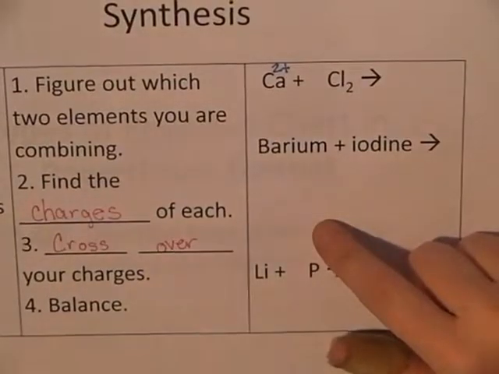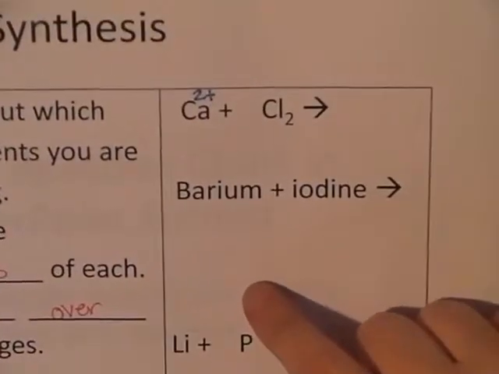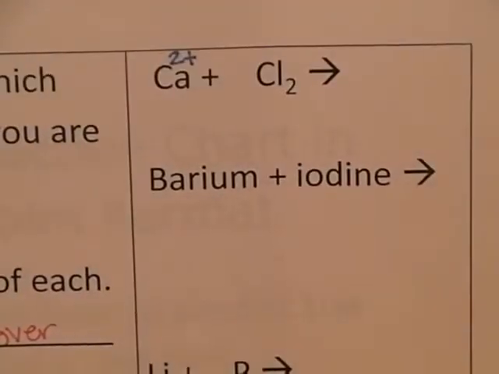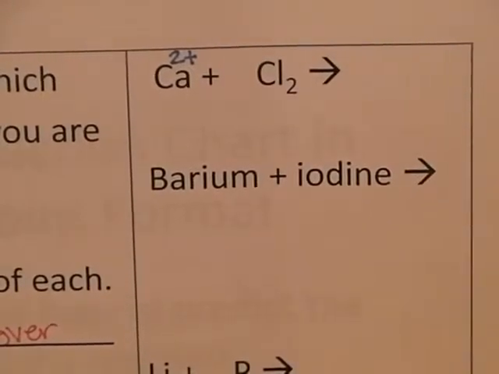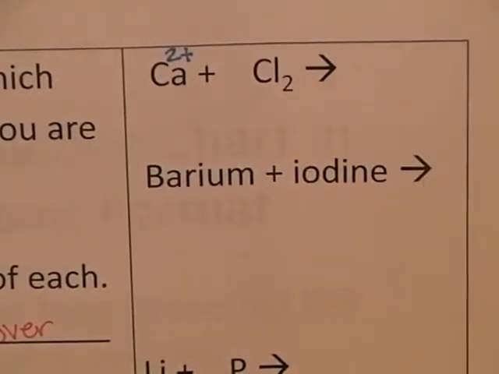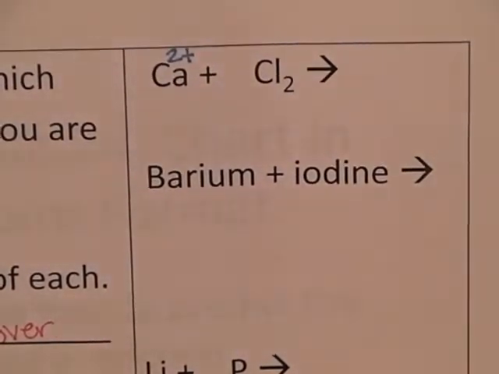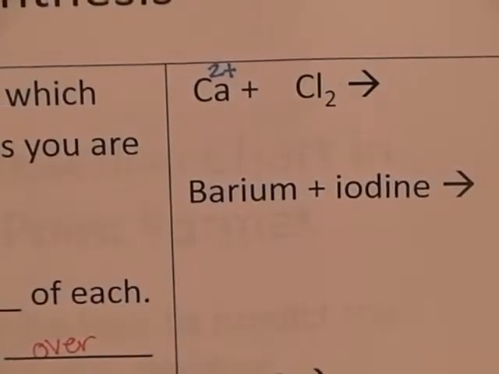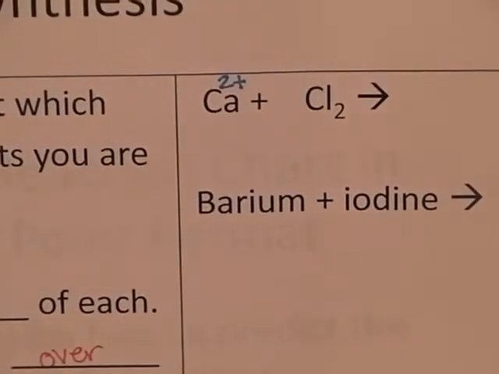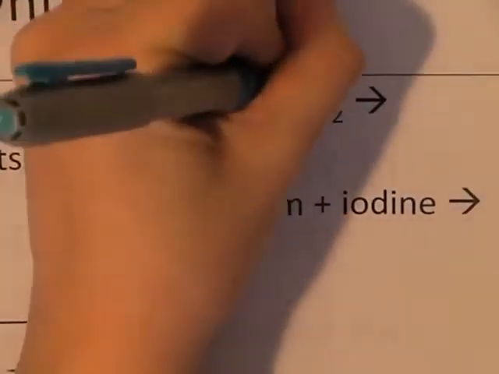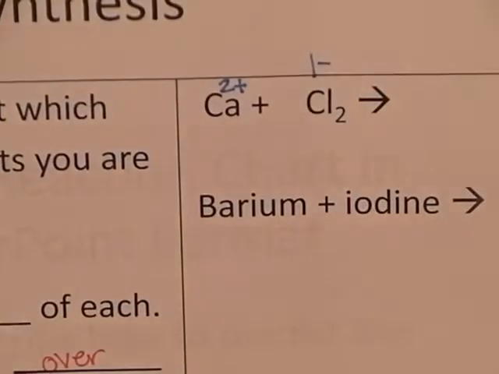I'll zoom in so you can see these a little better. And then the charge of chlorine. Now I understand it's Cl2, but notice that's only because of Brinkelhoff that it's Cl2. So look up just the normal charge of chlorine, which in this case is -1, right? We've got +2 for calcium, -1 for chlorine.